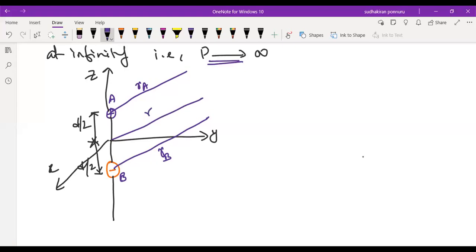So we are extending these distance vector lines towards infinity. This is the modification for the previous diagram.